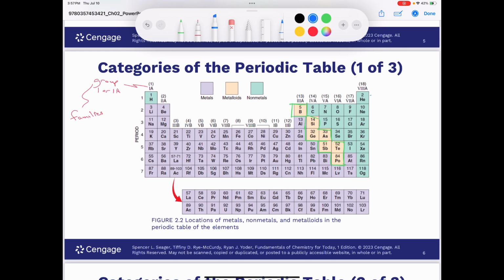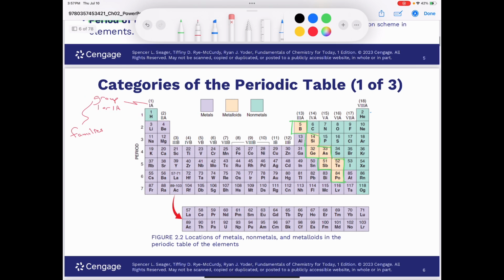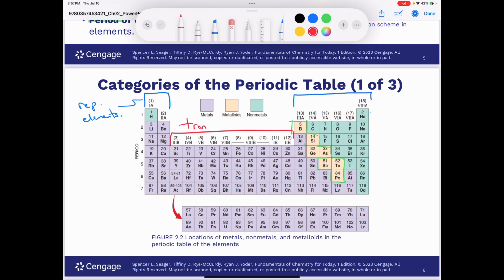If we go back to our original periodic table, I'm just going to erase some of this stuff that I had written here. The representative elements, the main group elements, would be groups 1 and 2, and then groups 13 to 18, okay? Then from 3 to 12, this would be transition metals.